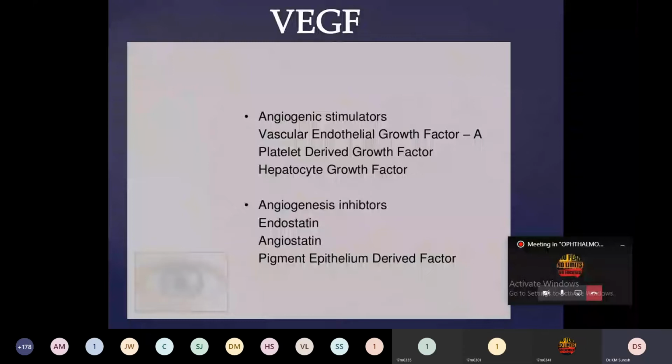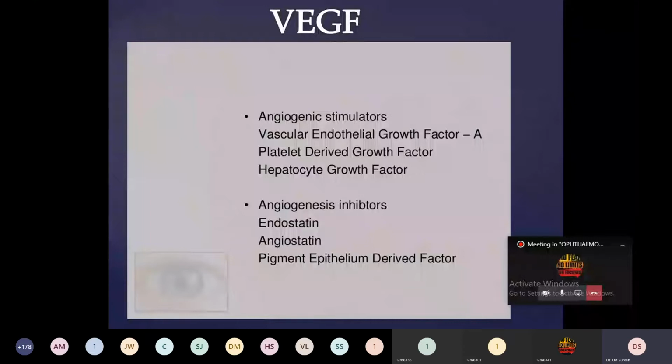Next you have formation of vascular endothelial growth factor. This is one of the angiogenic stimulators which will cause new vessel formation. Two more, not so important, are platelet derived growth factor and hepatocyte growth factor. These are also angiogenic stimulators.